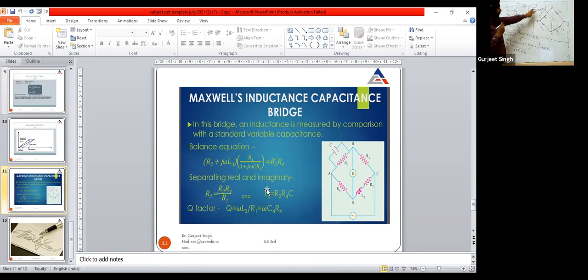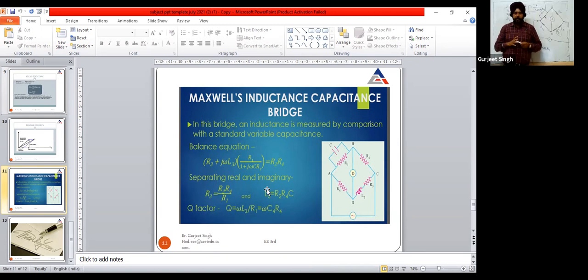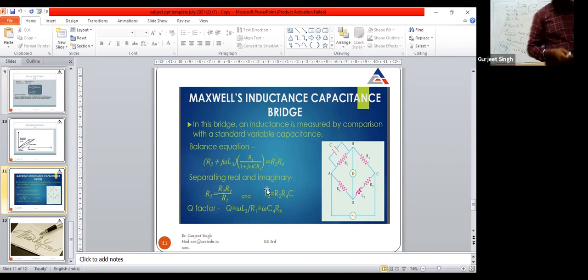When your capacitor and resistance are in parallel combination, you have to write the total impedance in this form. So students, see this. Tell me if you have any doubt regarding this bridge.